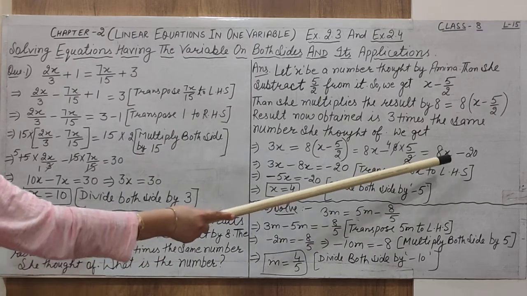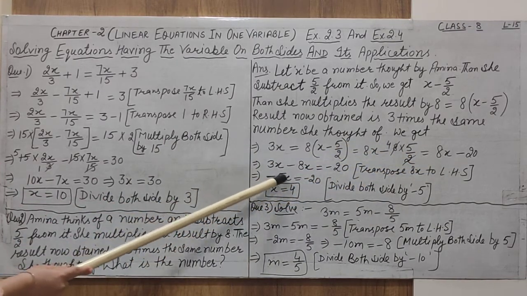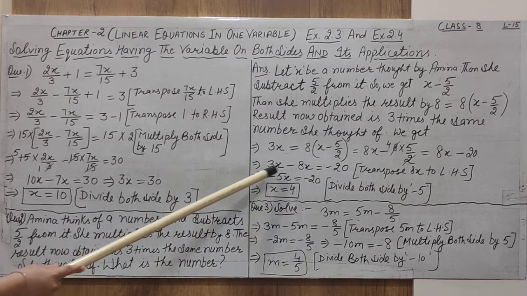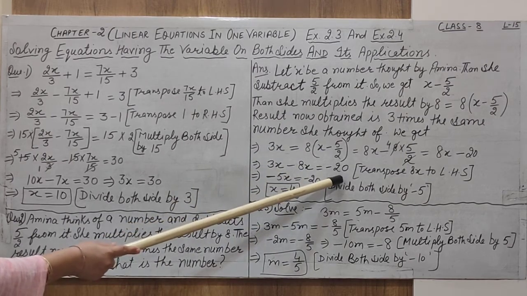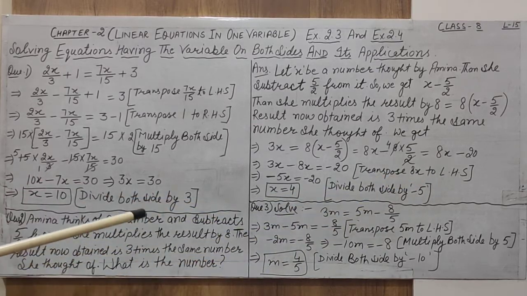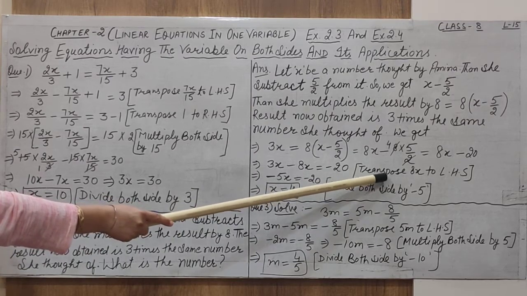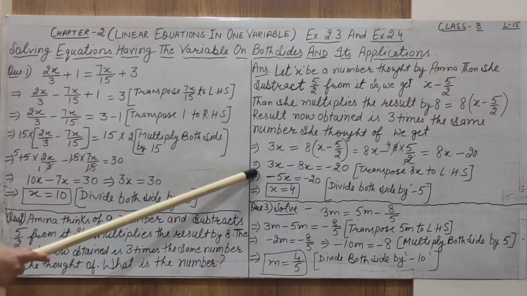That's why transpose 8x towards the left hand side to collect all the x on one side and constants on the other side. Transpose 8x to the left hand side. You must write down the process which you are using to solve the question.